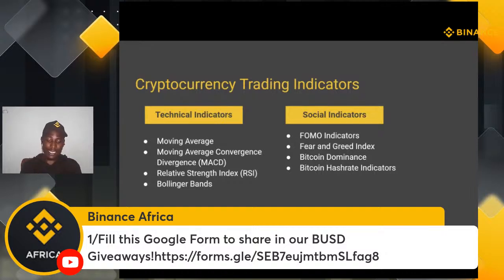Now, popular technical analysis indicators in traditional markets and cryptocurrency markets are the moving averages, the moving average convergence divergence, MACD, the relative strength index, RSI, and the Bollinger Bands. These are the four most popular technical analysis indicators that apply to both traditional financial markets and the cryptocurrency market.